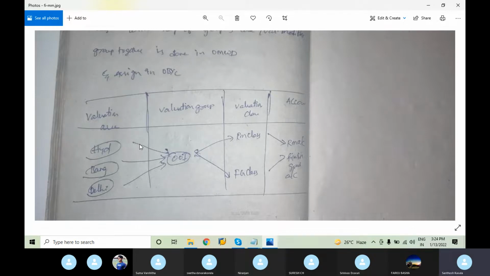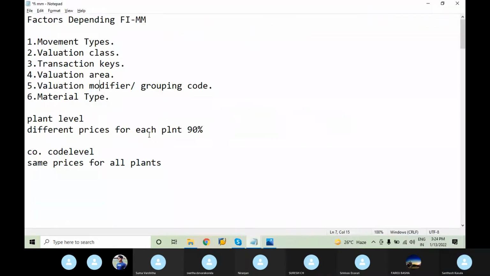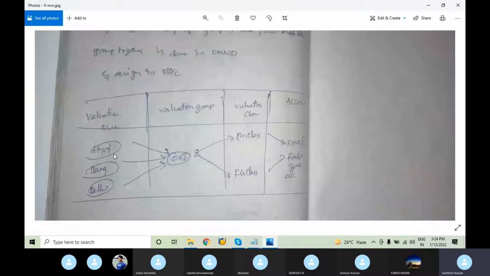As I told, 90% of the cases will define at plant level, with different prices for each plant. Then also we need to define one valuation group for one valuation area. I'll tell you more in the further sessions. Basically, valuation areas are different plants.